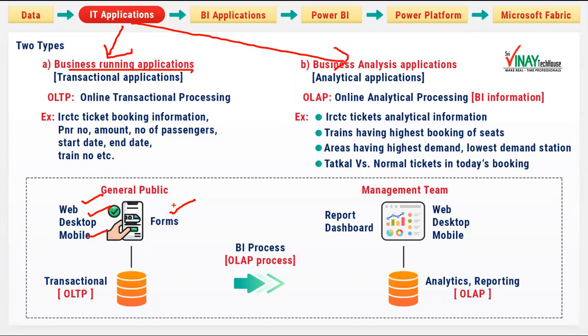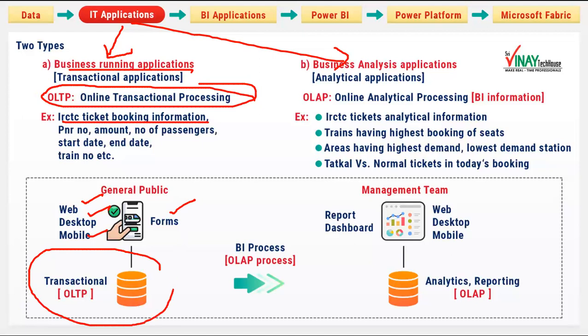They perform business operations, for example ticket booking. After completing the ticket booking, they will receive a message, transaction successful or transaction failed. This process is technically called transactional processing. So this is a storage, transactional storage.